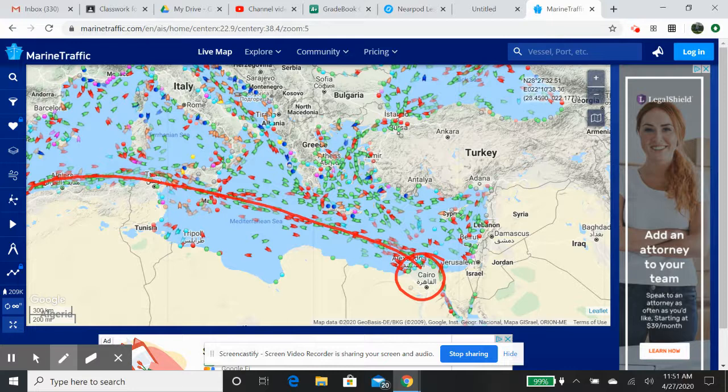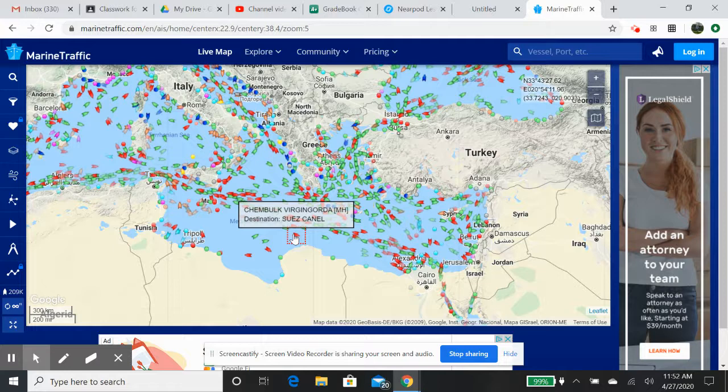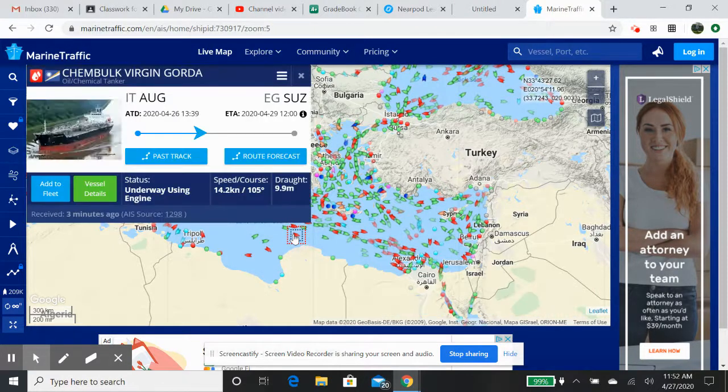The other cool thing about this is that you can actually click on these ships and see what their name is, where their destination is, and a lot of times they give you pictures of them also. You can see their draught, which means how deep they are sailing, like whether the ship itself is fully loaded or not.